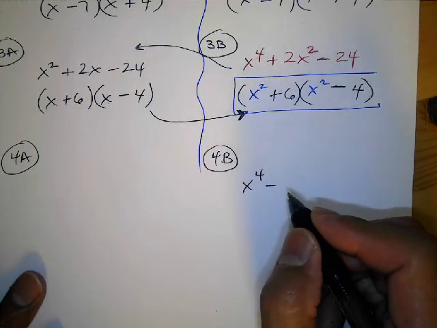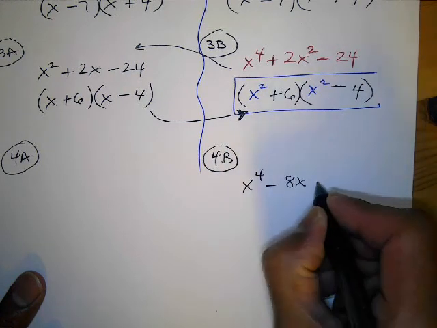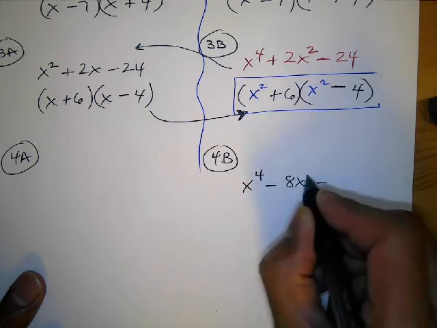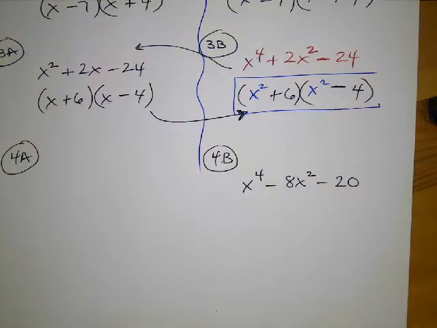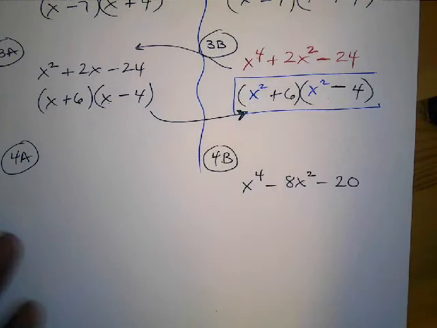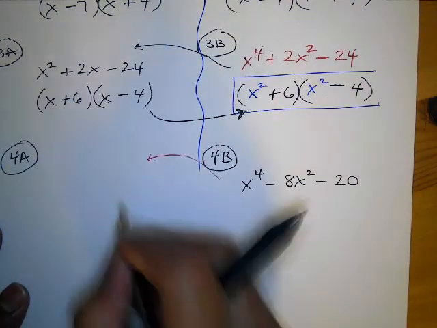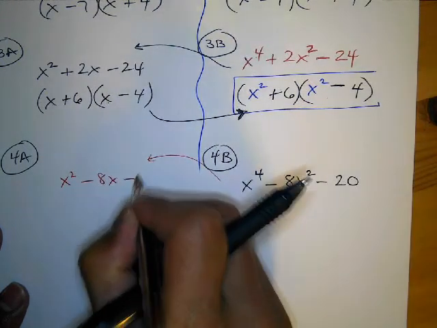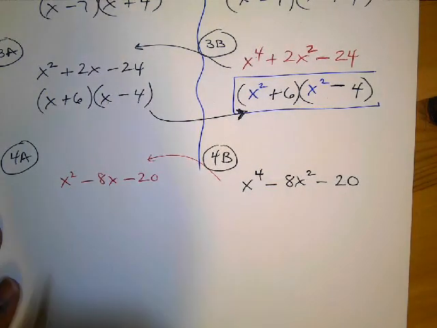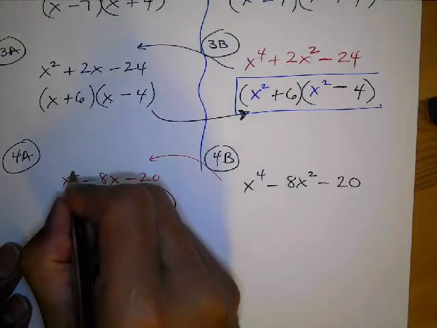X to the power of 4, let's go with minus 8x squared minus 20. Okay, well, that's to the power of 4. I don't know that one. So I'm going to write it first as a quadratic, which would be what? X squared minus 8x minus 20.